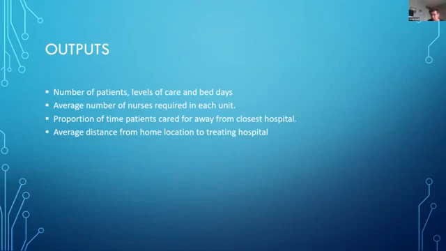I ran the simulation model over 365 days, a 12-month period, obviously not in real time. The outputs are the number of patients that have gone through the simulation model, their levels of care, the number of bed days that they've generated, the average number of nurses required in each unit, the proportion of time patients are cared for away from their closest or local hospital, and the average distance from home location to treating hospital.